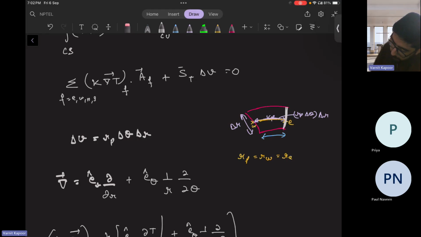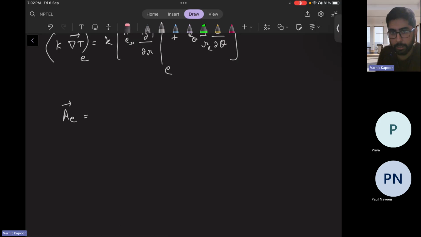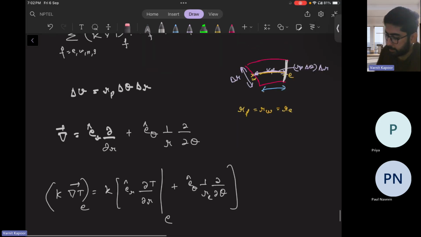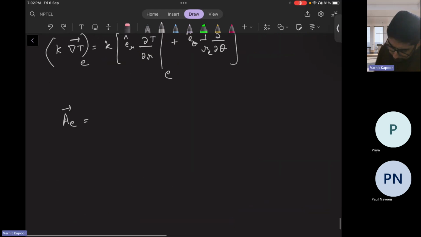What will be the area of this? Del R into 1 into E theta, because it's pointing in the theta direction. This is your theta direction; we have already defined our system. So it is del R times the unit vector E theta.